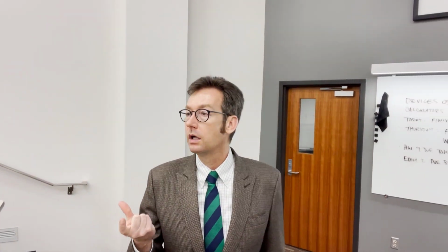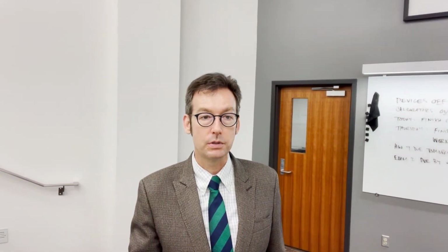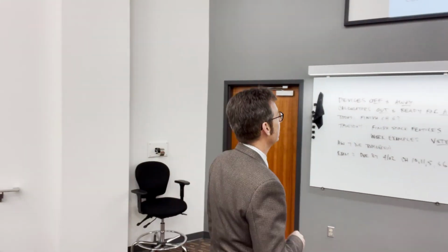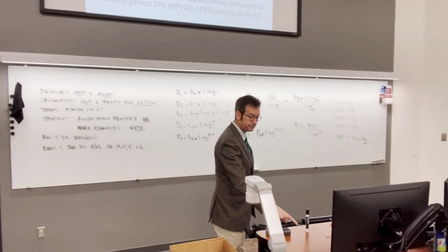The greater our NPVGO compared to our current business, in other words, the greater our growth opportunities, the higher the PE ratio is going to be. So the greater the growth, the higher the PE ratio is going to be.